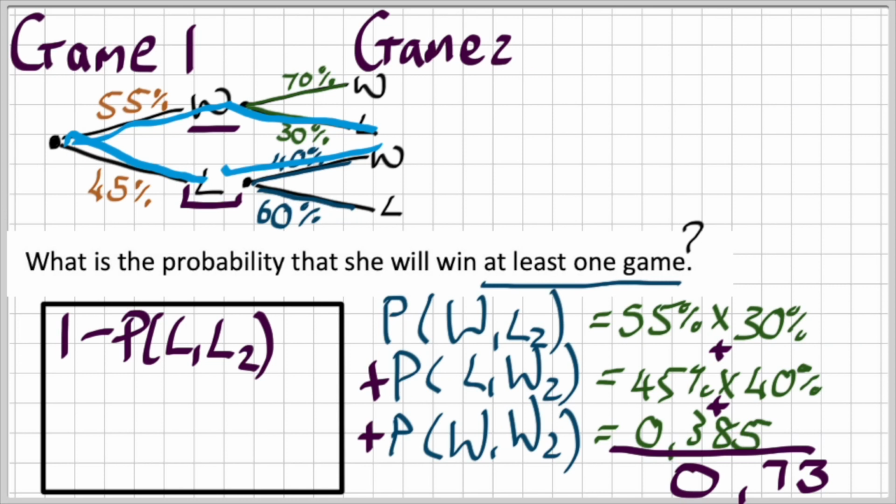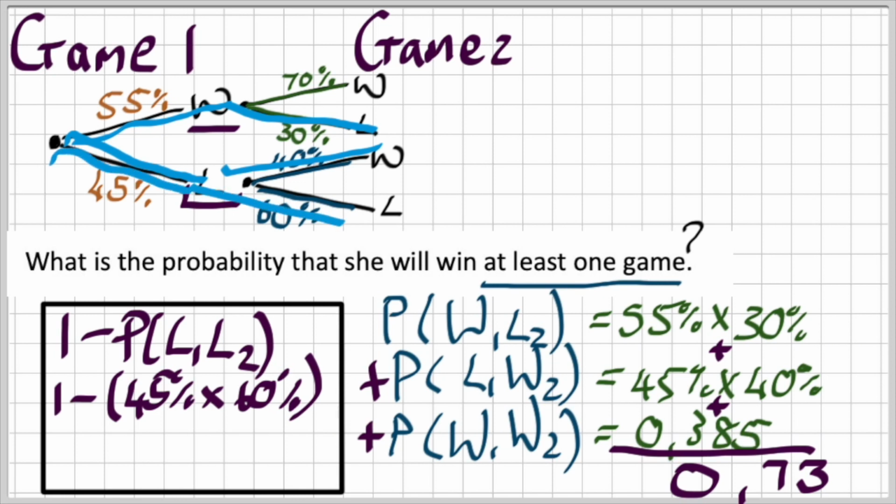Winning at least one or losing both. Which means I can go 1 minus 45% times 60%. That is the probability of losing the first one and then losing the second one. And this again gives me 0.73. So there's a 73% chance of at least winning one of them.